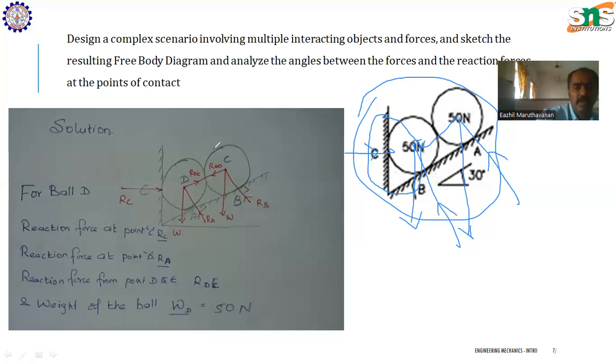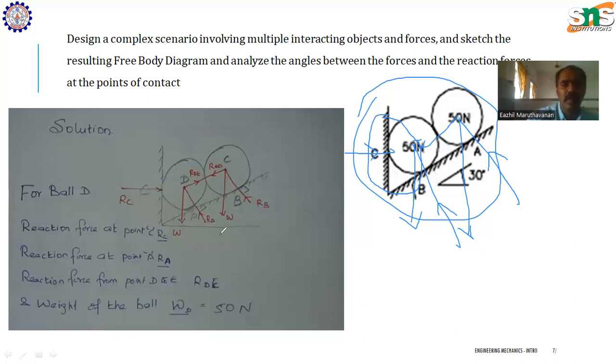Here, we have to see the number of forces acting on each ball. In ball C, there are only 3 forces acting: the weight, RB reaction force, and RED, another reaction force. Whereas in ball D, there are 4 forces acting on this particular ball.